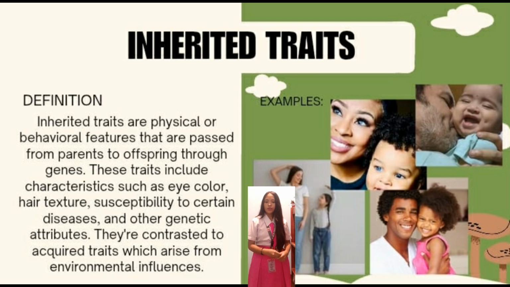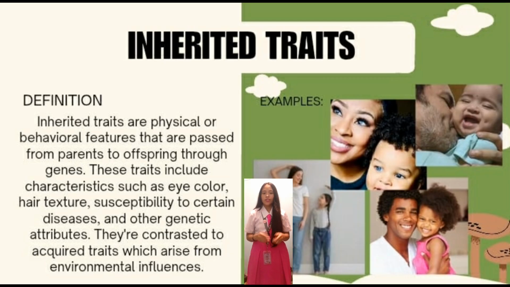These traits include characteristics such as eye color, hair texture, susceptibility to certain diseases and other genetic attributes. They are in contrast to acquired traits, which arise from environmental influences. Through reproduction, like us humans, we get traits from our parents through their genes. For example, if your father has dimples, there is a possibility that you, the child, will have dimples. If your mother has curly hair, your hair may be curly.